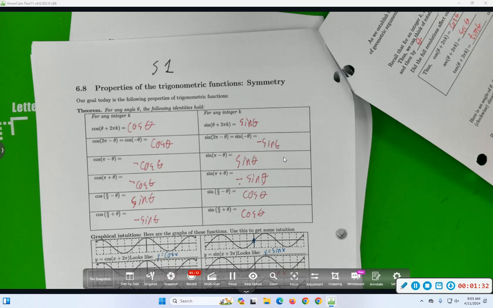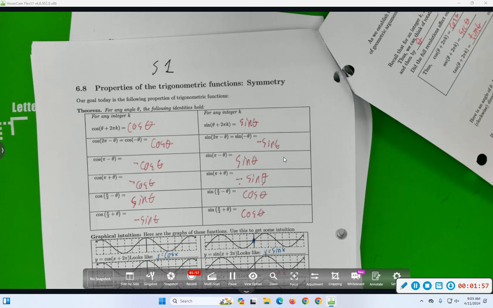Was pi minus theta next or pi plus theta? Pi minus theta. So, I know it's projected right there, but let's think about what pi minus theta does to an angle, because that, I think, is more relevant than just remembering the entries in this table. Let's hand wave the picture. On the one hand, you can rotate up by theta.